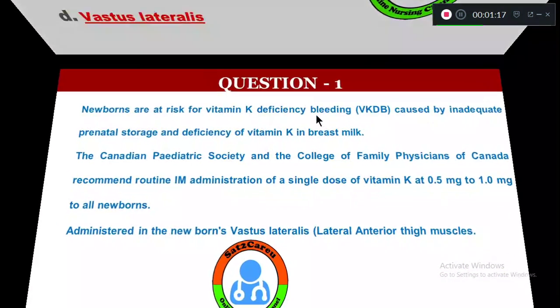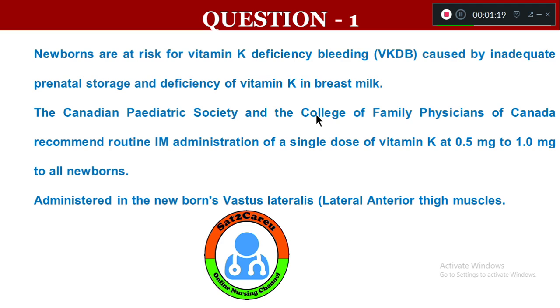The rationale we can see now. Newborns are at risk for developing vitamin K deficiency, because of which bleeding can occur.